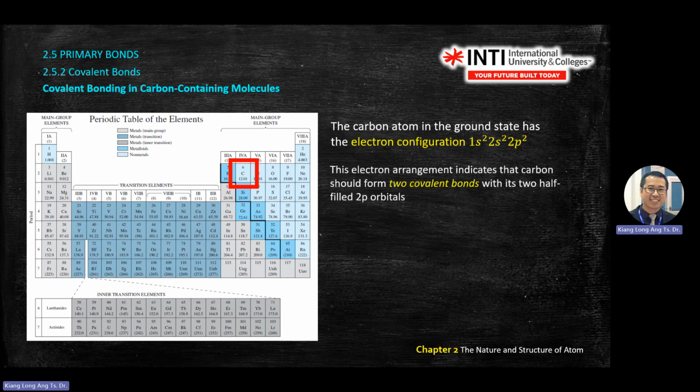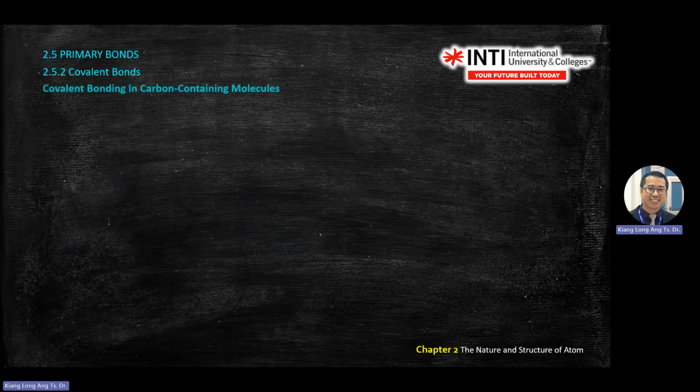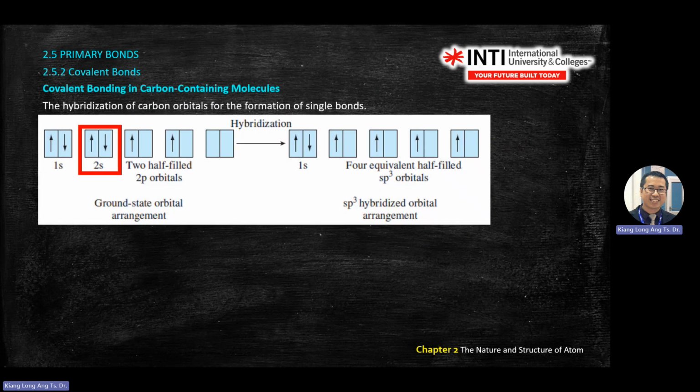Okay. If you're given carbon, you should be able to read how carbon shares its electrons. This one is the orbital diagram, from ground state, where the electron is shared with the p. This is called hybridization of carbon to form a single bond.